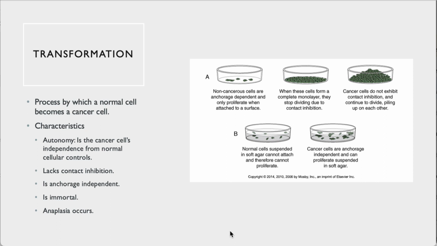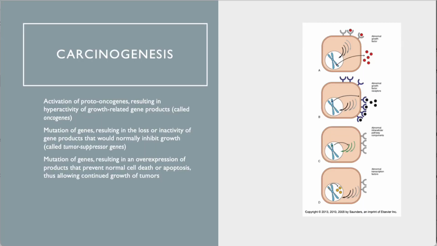So these are some of the important things. Another really big one, I should say, is immortality. These things do not die. They don't respond to p53 signals, which we'll talk about later. They don't respond to the other signals from the body telling those cells that they should stop dividing or undergo apoptosis. And that's why cancer cells are such a problem.